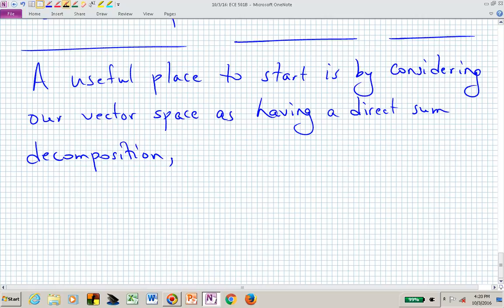What do we mean by that? Or how could we then write V? If V is our vector space and now we want to have a direct sum decomposition, what was the notation that we used for that? We had a plus sign with a circle around it, didn't we?